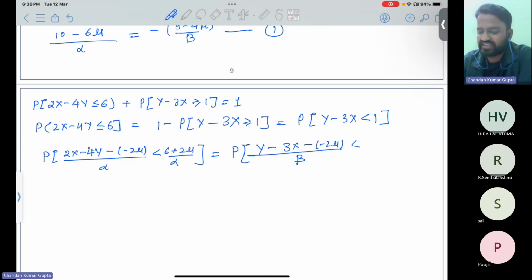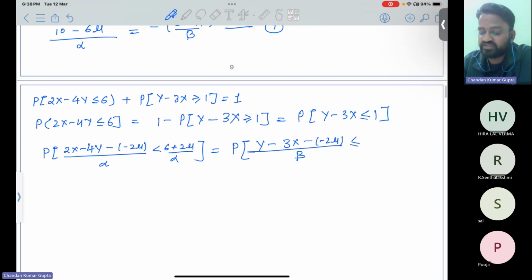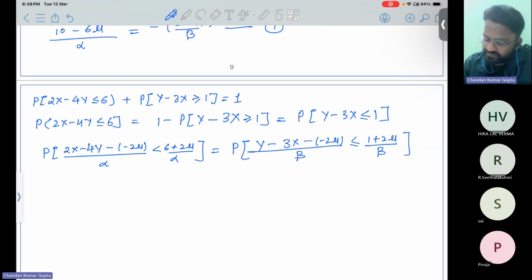We can also use less than or equal to, because we are dealing with the normal distribution. So the probability at a particular point is equal to 0. We may use less than or equal to, or less than. Both are the same in case of continuous. So 1 minus minus 2 mu divided by beta.